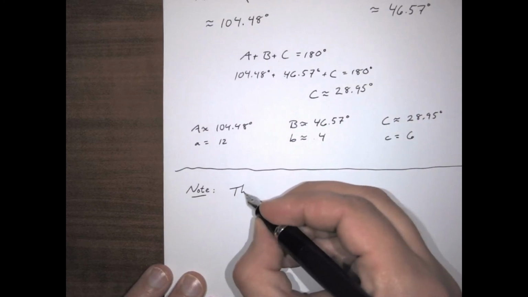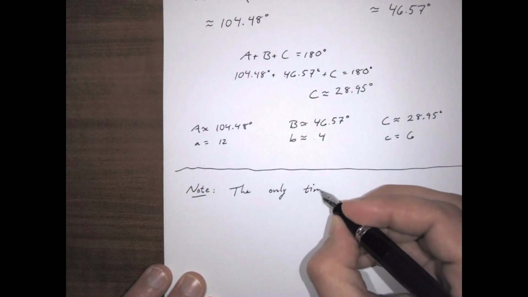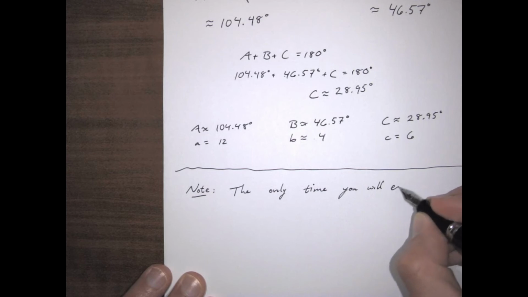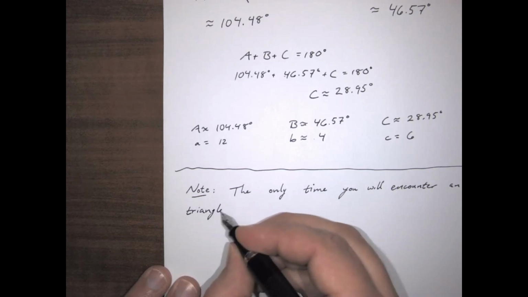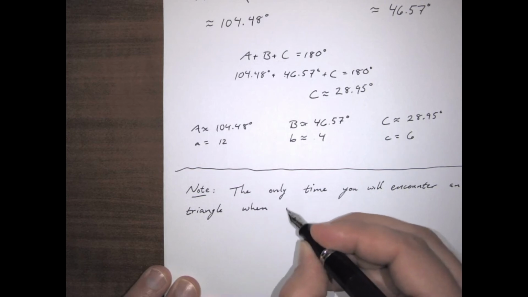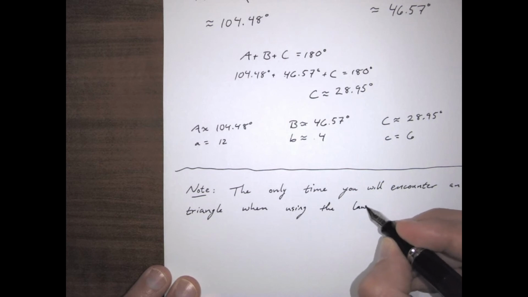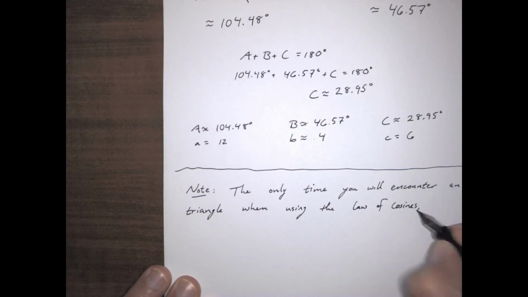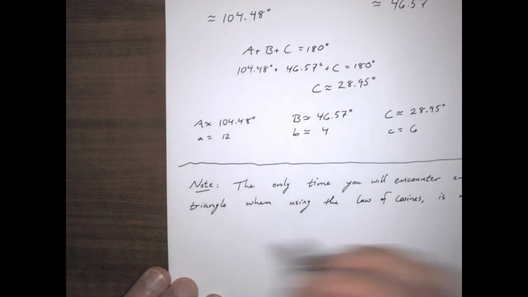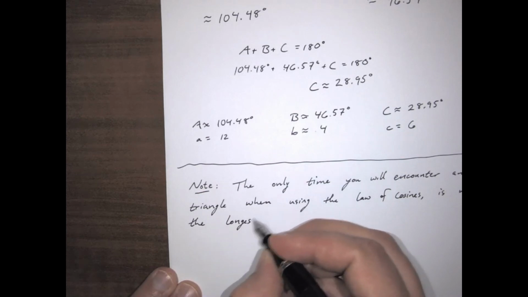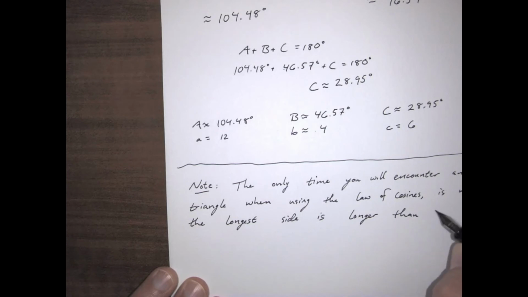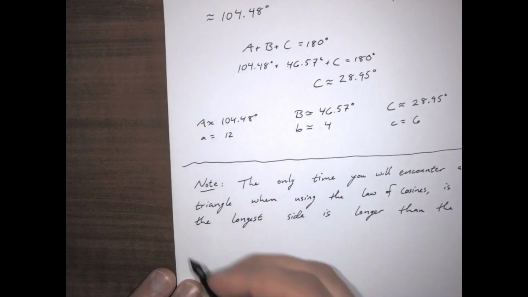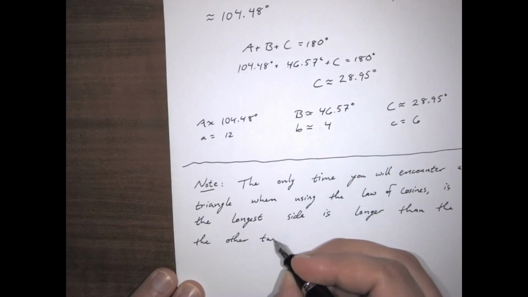So note, the only time you will encounter an impossible triangle when using the law of cosines is when the longest side is longer than the sum of the other two.